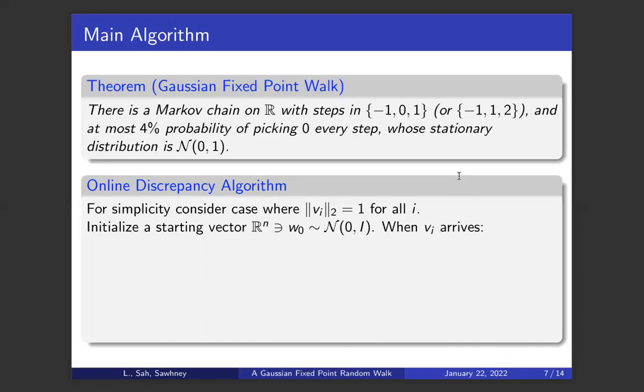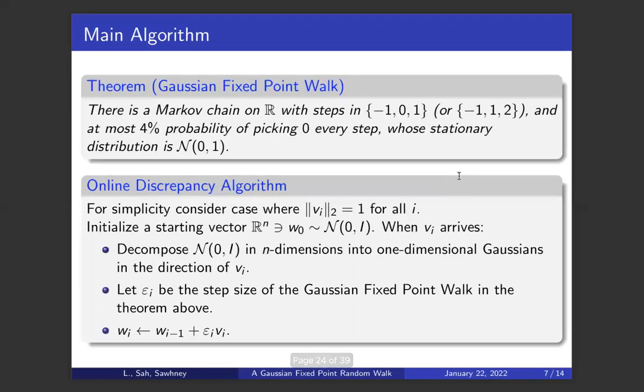When the vector v_i arrives for i from 1 to capital T, we're going to first imagine decomposing the n-dimensional normal distribution into one-dimensional normal distributions, or Gaussians, in the direction of the input v_i. Now let's take our partial sum w_i and imagine which of these normal distributions it's on. We're going to take one step of the Gaussian fixed point walk described, get the sign epsilon_i from it, and add it to our partial sum w_{i-1}.